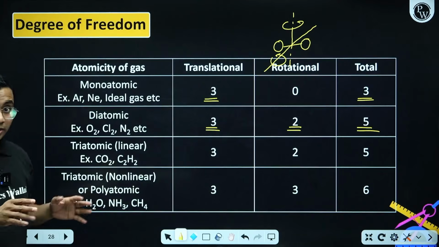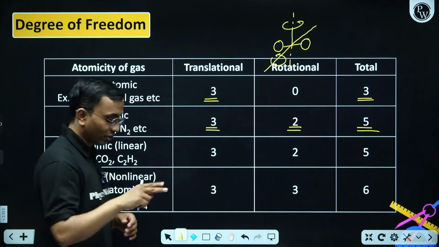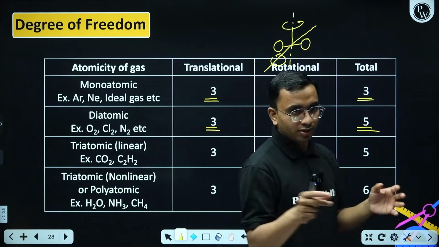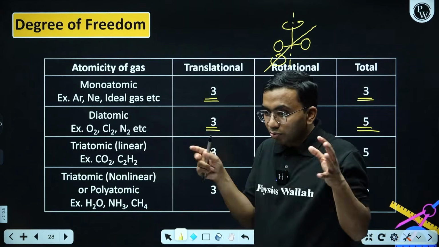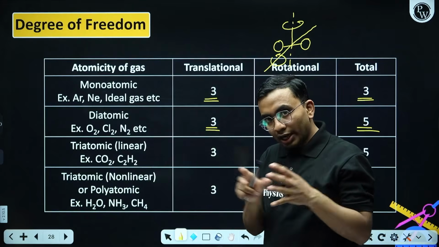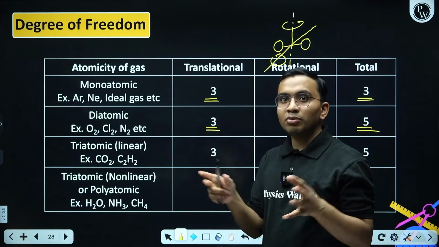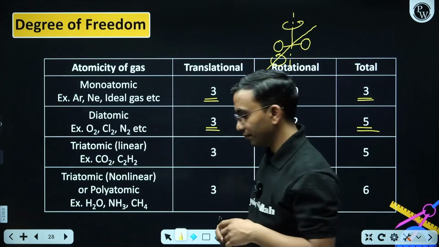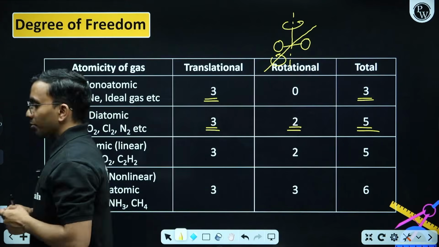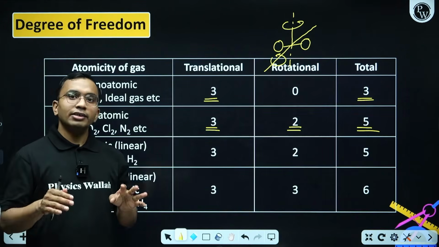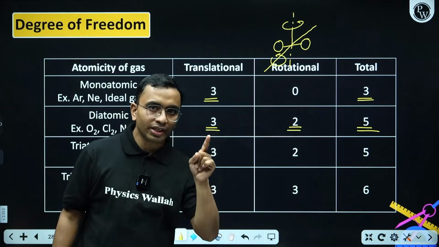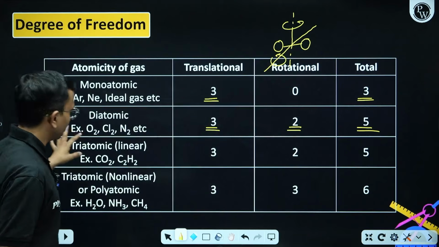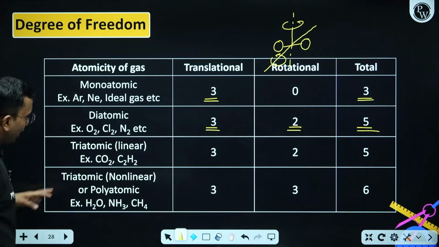One mode of vibration will have 2 corresponding degrees, for the kinetic energy and for the potential energy also, because one mode of vibration means there will be kinetic energy of that vibration and potential energy also of that vibration. But generally we don't consider it unless it is specifically mentioned. So don't consider vibration unless it is specifically mentioned in the question. So only 5 degrees of freedom.